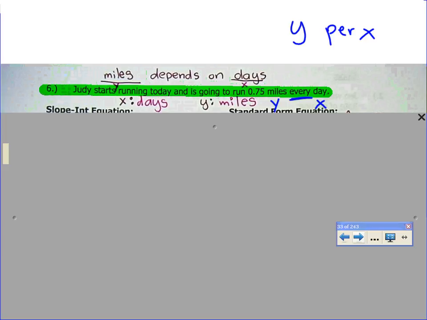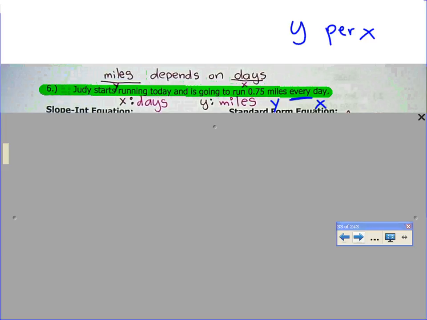Whenever you see those keywords, per, each, every, would that help you identify x and y? Give me a head nod this way or this way. All of you sleepy heads out there. Okay, maybe you just know it, but I want you to consider that. I will go through that again with our next example. It might be a shortcut in case you're getting confused. You don't have to use it, but something extra.